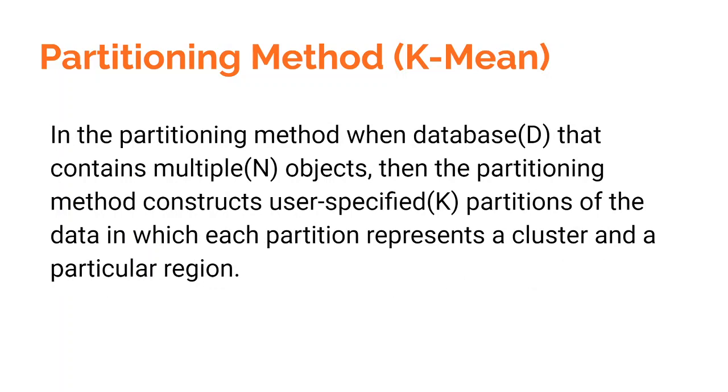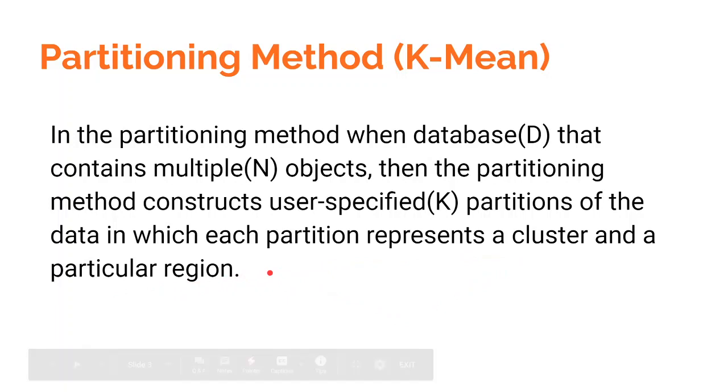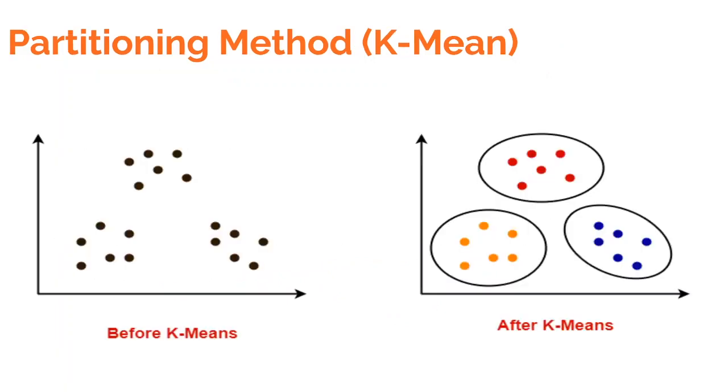In the partitioning method, when a database D contains n objects, the partitioning method constructs a user specified number, that is k, of partitions of the data, in which each partition represents a cluster and a particular region. So these are data sets consisting of n number of objects.